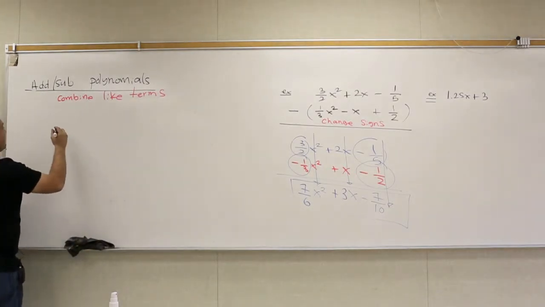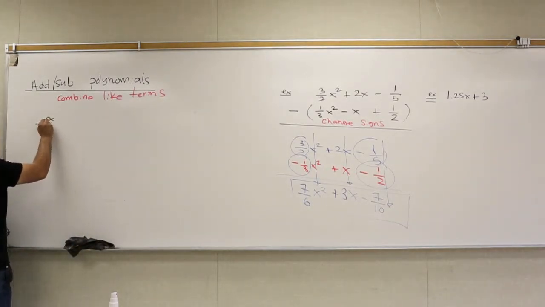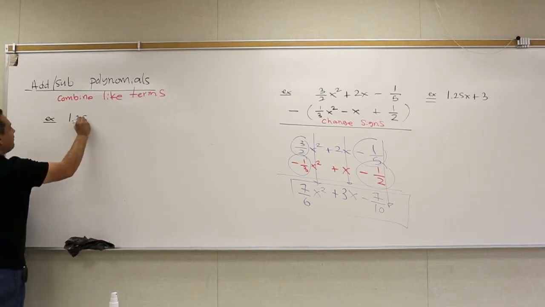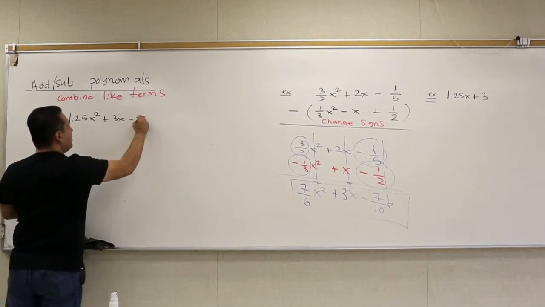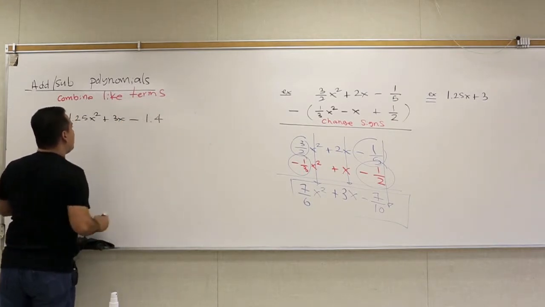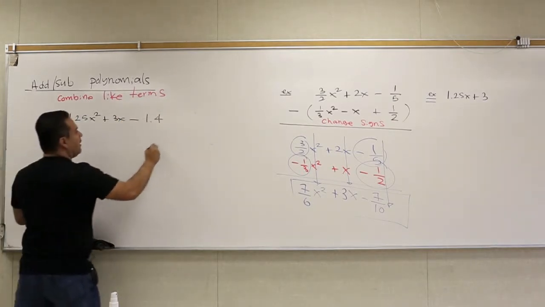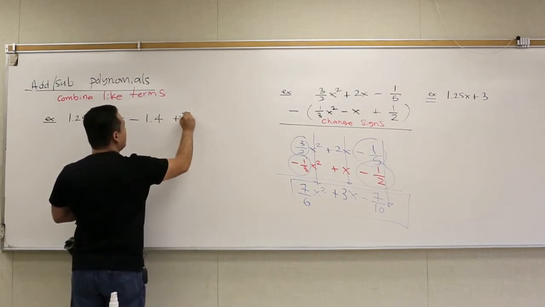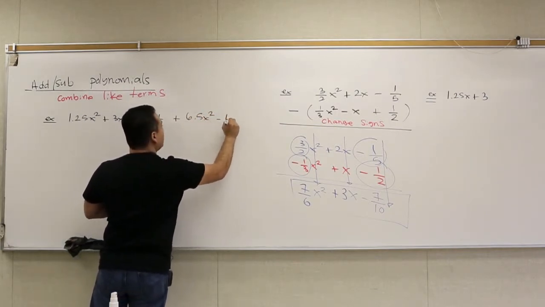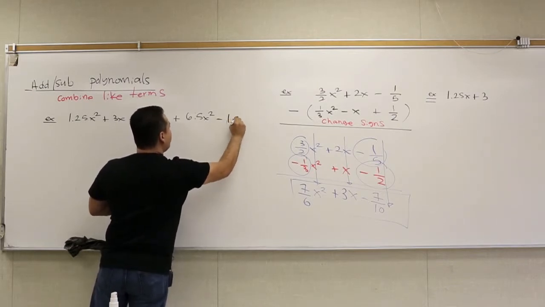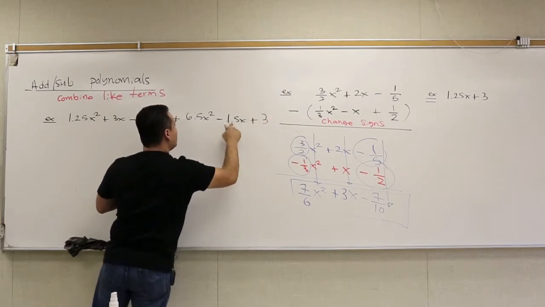So let's give you another example. You guys know where I'm headed with this? 1.25x squared plus 3x minus 1.4, plus 6.5x squared minus 1.5x plus 3.